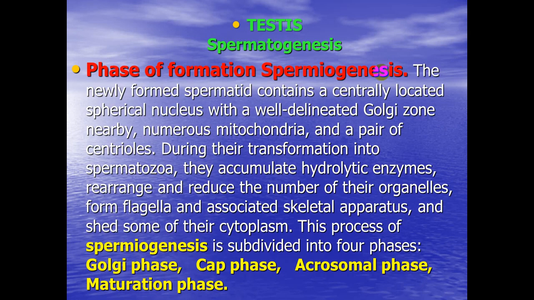Spermatids penetrate into the Sertoli cells, and here in the cytoplasm of Sertoli cells, they pass 4 stages of spermiogenesis. These include the Golgi phase, cap phase, acrosomal phase, and maturation phase.